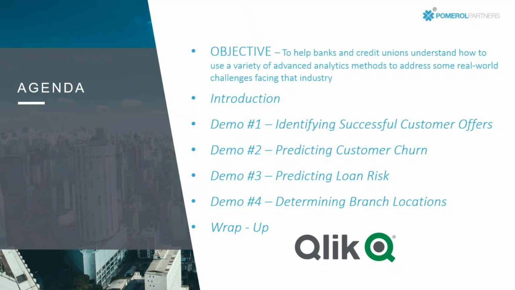Okay, all right. So the objective that we wanted to cover today is to help clear the mist, or clear the smoke, that's out there around how to really use analytics in an advanced way, or data science, if you will, to help solve some really real-world business cases for banks and credit unions. There's all this hype in the news about AI, machine learning, all these other things, and what we have found in talking to our clients is that there's just a lot of confusion about how you actually do this.